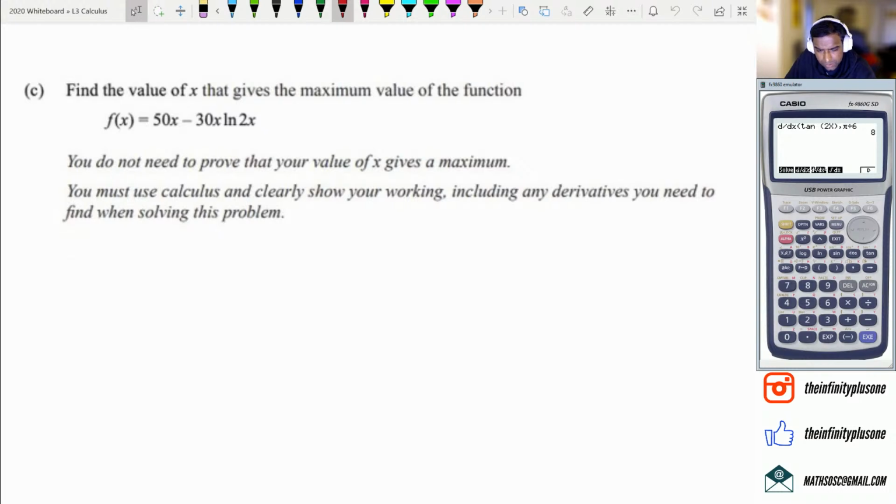Minus 2ax. Okay. I think I can finally see where my mistake is. We can try it again later. All right.